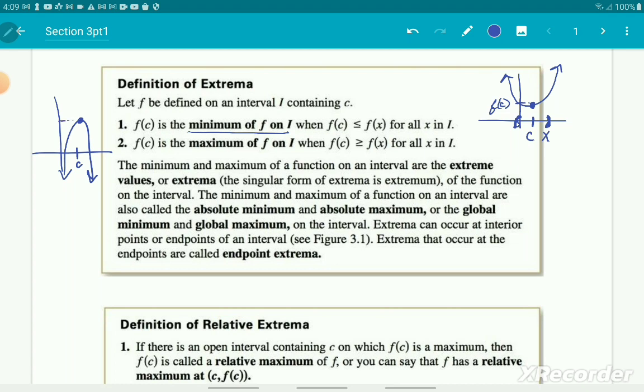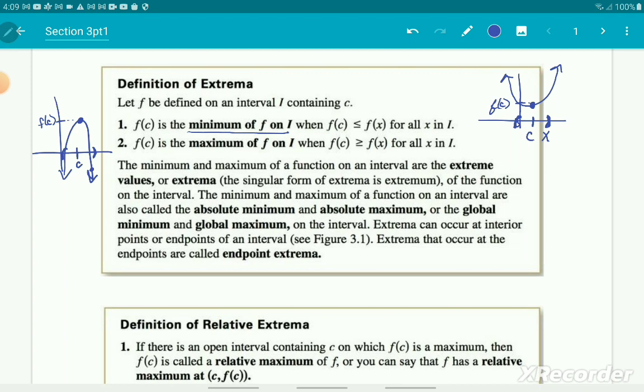F of c is the y value. And all this is saying is that this y value has to be bigger than all the other y values on some particular interval here. So if we're talking about the interval, again, from maybe this point here to this point over here, which would be down here, then you could see that this is definitely the biggest y value.